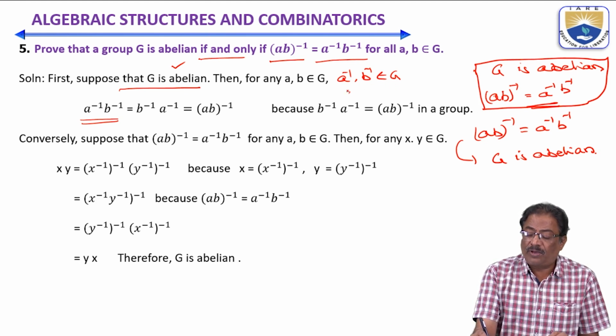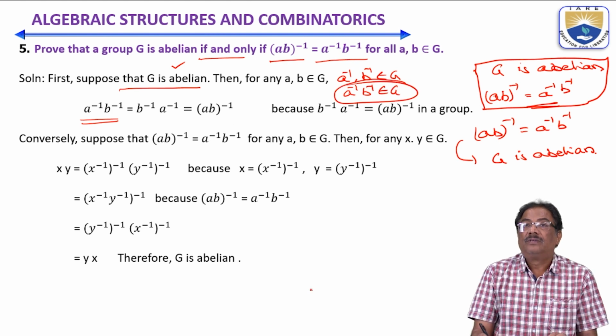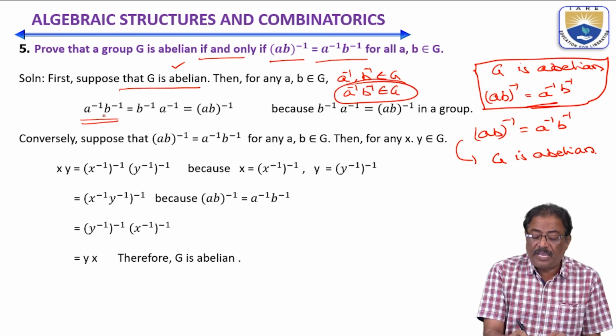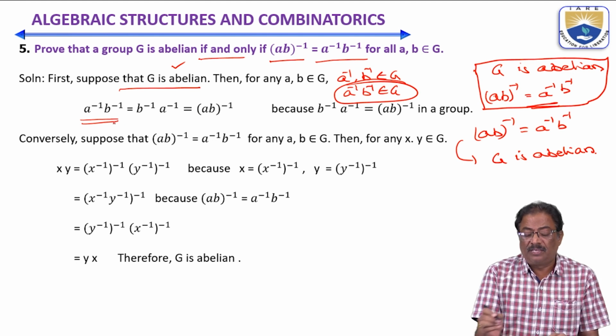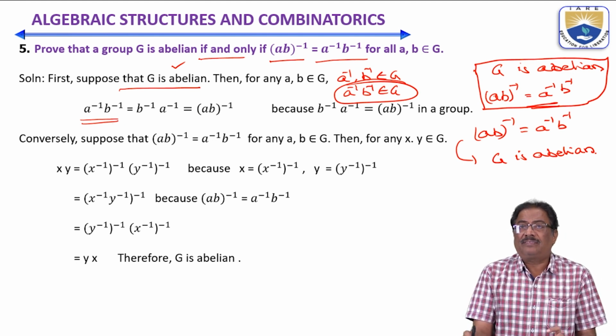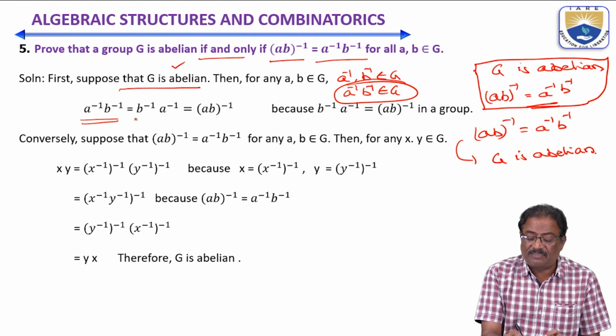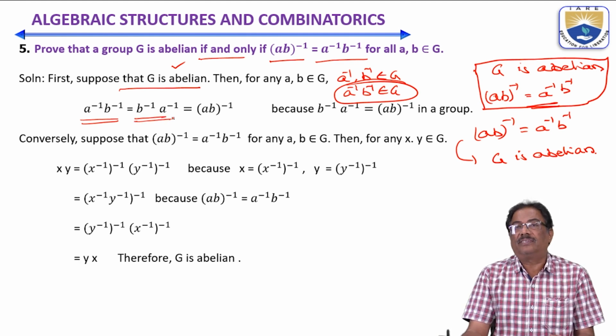A inverse and B inverse also belong to G, since it is closed. So we take A inverse B inverse, and since it is abelian, I can write this as B inverse A inverse. It satisfies the abelian property, so we write the commutative law.